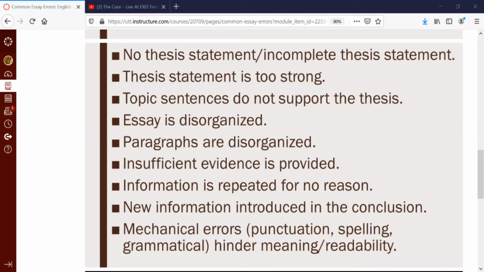Number 4, the essay is disorganized. Here we talk about the essay as a whole, where the information is scattered in different paragraphs, or you have endless background information that has little to do with the topic sentences, and so on. So your organization has fallen apart. Things aren't in the sections they're supposed to be, where they will make the most sense and have the most impact.